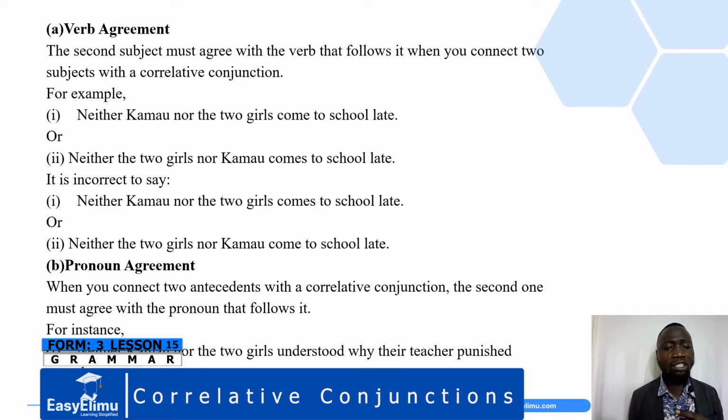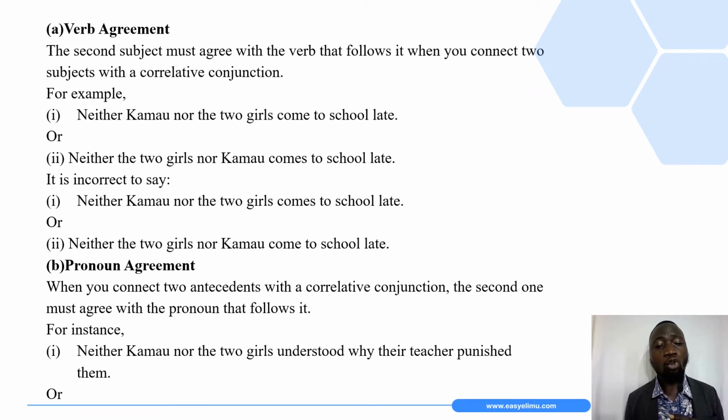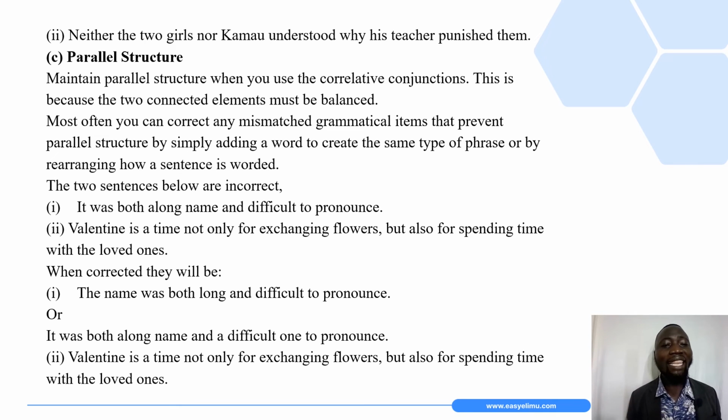Another thing that you must also consider is the pronoun agreement. That is, when you connect two antecedents with a correlative conjunction, the second one must agree with the pronoun that follows it. For instance, we have two examples here. Neither Kamau nor the two girls understood why their teacher punished them, or neither the two girls nor Kamau understood why his teacher punished them.